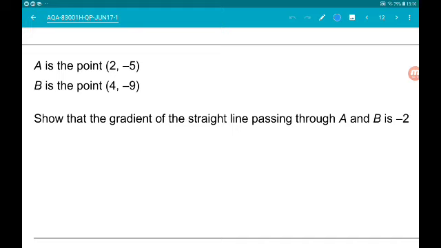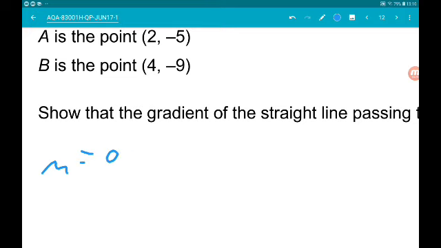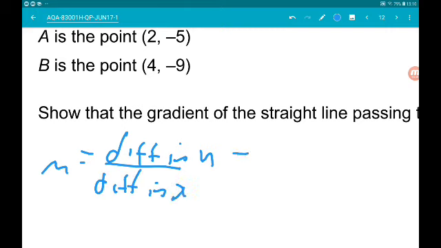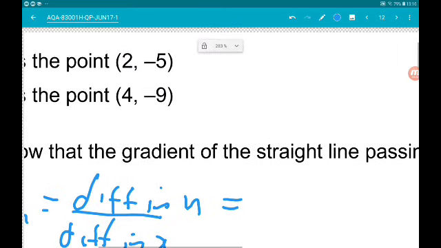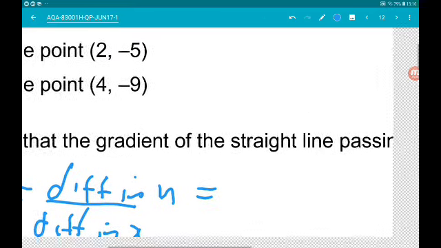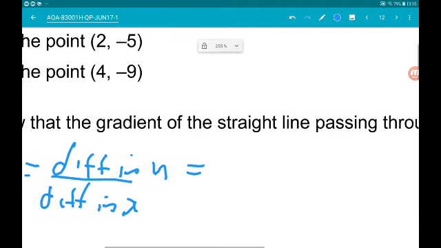So, gradient m is difference in y over difference in x. So here, for example, we could do minus 5 minus minus 9.